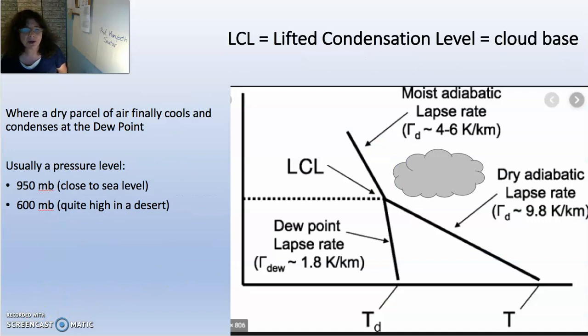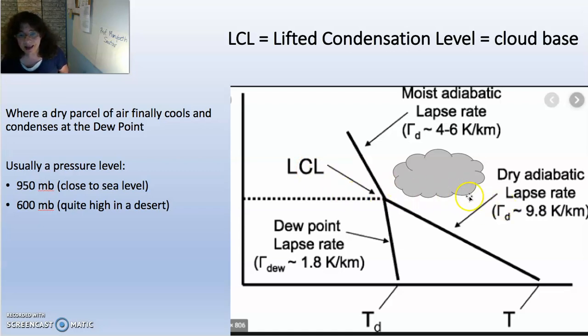In terms of looking at the adiabatic lapse rates, we look at the intersection of the steep dew point adiabatic lapse rate and the really gentle dry adiabatic lapse rate. Where they intersect is known as the LCL, the lifted condensation level, the cloud base.